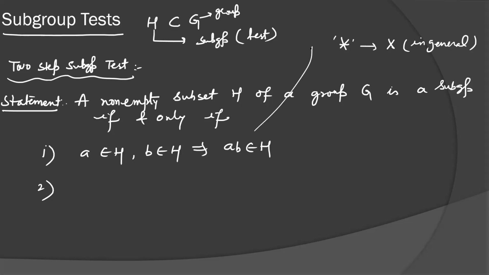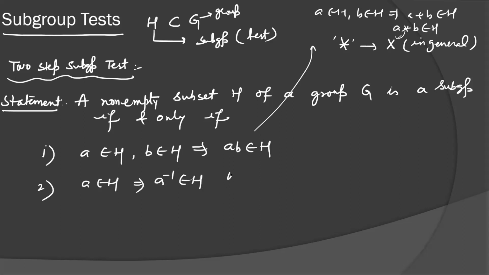If you want this property in case of addition, then it will look like a plus b belongs to H. Some people also write a operation b belongs to H. But if operation is not given, we take generally multiplication. Two, if a belongs to H, then a inverse must belong to H, where a inverse is the inverse of a.